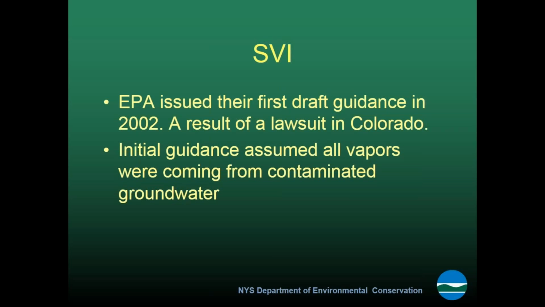That first round of guidance that EPA produced for vapor intrusion assumed that all the vapors were coming from contaminated groundwater. That's probably because that was the way things were working in that first case in Colorado. The more we've seen vapor intrusion sites, the more important the remaining residual contamination in the vadose zone is for vapor intrusion.